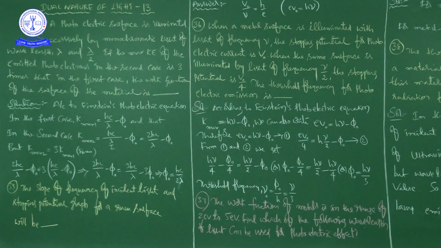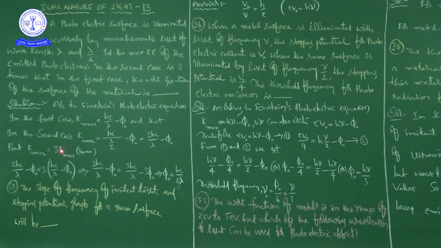Based on that relation, in the first case K maximum 1 is equal to hc by lambda minus phi naught, and in the second case K maximum 2 is equal to hc by lambda by 2 minus phi naught, that is equal to 2 hc by lambda minus phi naught. But K maximum 2 is equal to 3 into K maximum 1.